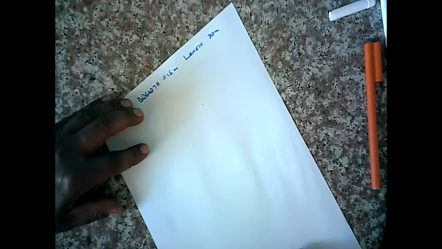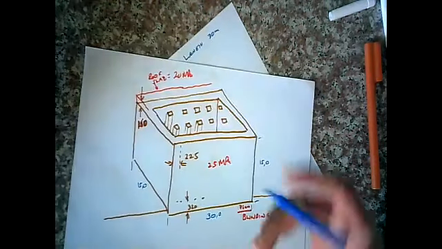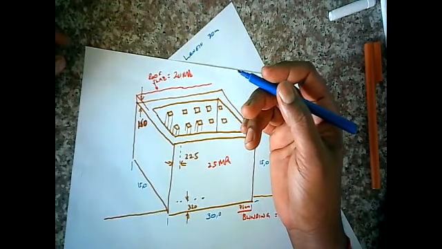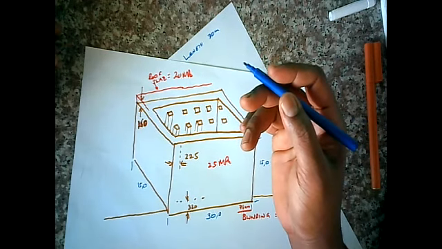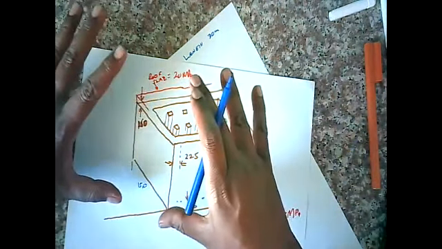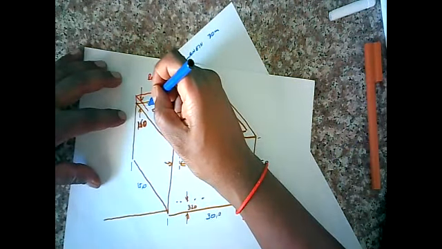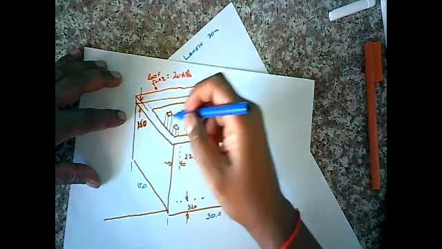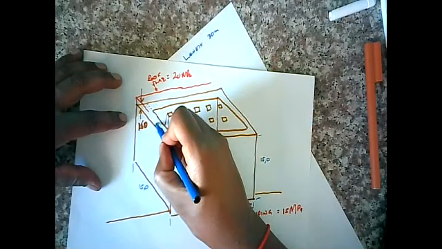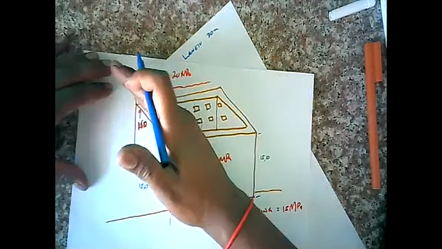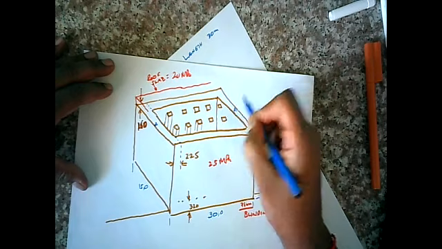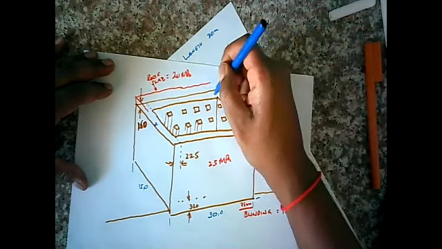All right, now if I were to break up this structure into, let's call this A. So this is that entire wall. Let's call this also A because it's the same thing, just on the other side.